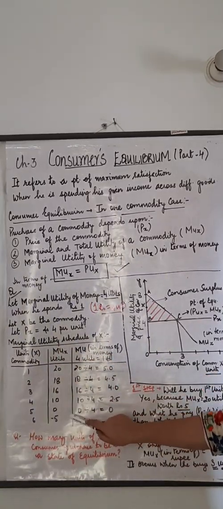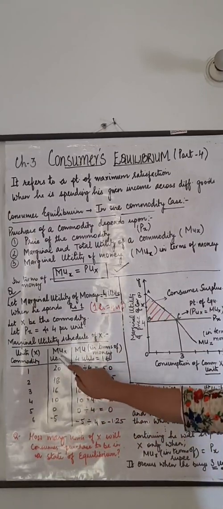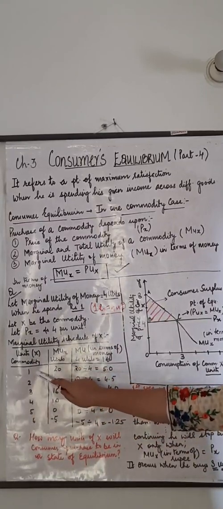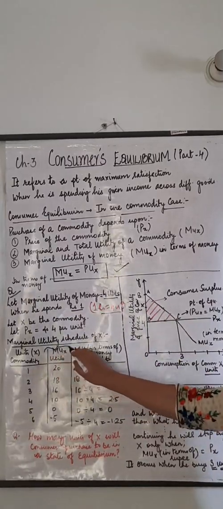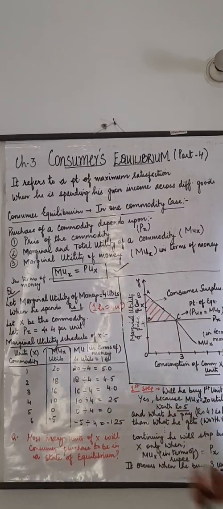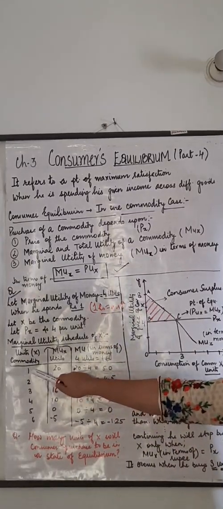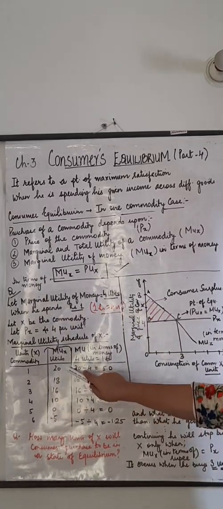These are the MUX, that is marginal utility of commodity X. This is the assumed schedule. When 1 unit of commodity X is consumed, MUX is 20 utils.